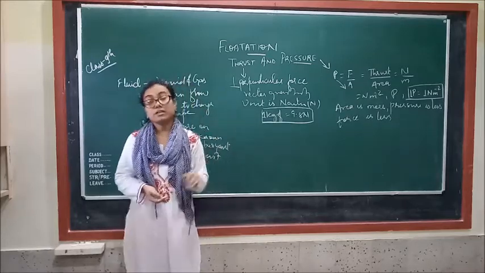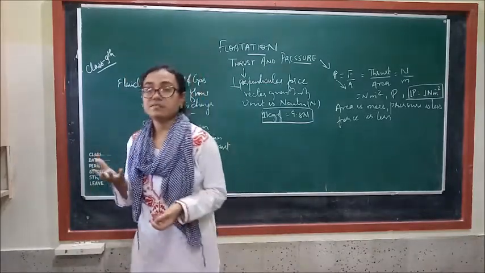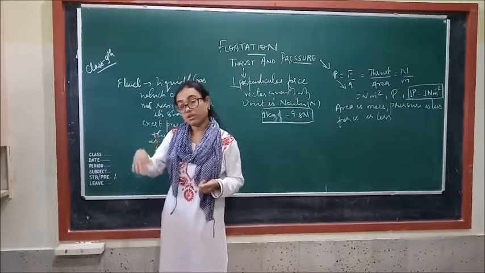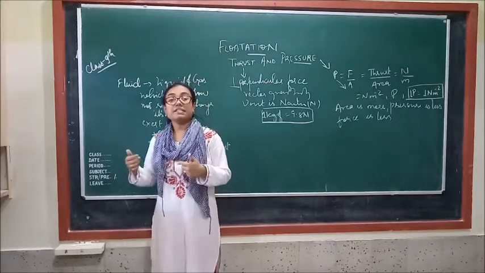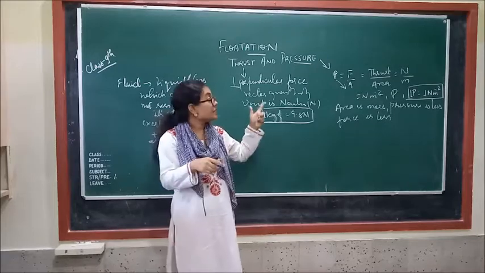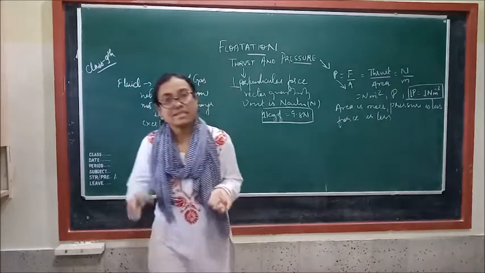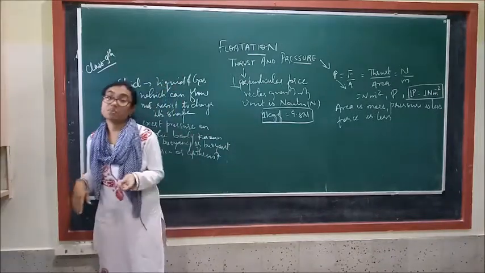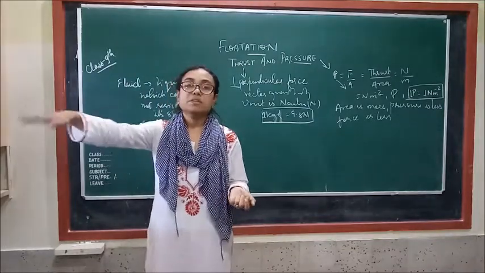Because the area of the camel's feet is more in comparison to our feet. The camel's feet area is more, so the pressure is less, and their legs do not penetrate the sand. In our case, the feet area is less, so the pressure is more, it is difficult, and our legs penetrate the sand.